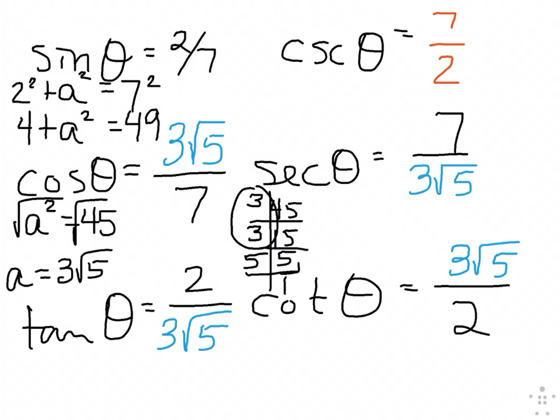Now, which two do I have to change? Secant and tangent. In order to get rid of the root 5 on the bottom, you multiply it by root 5. What you do on the bottom, you do on the top, and so on. What's 7 times root 5?